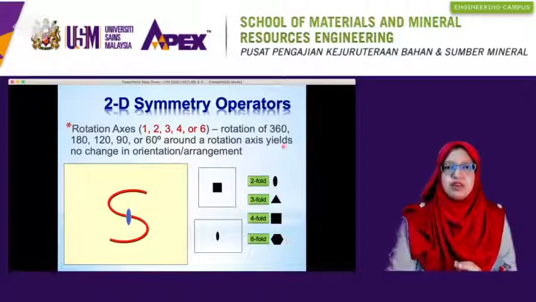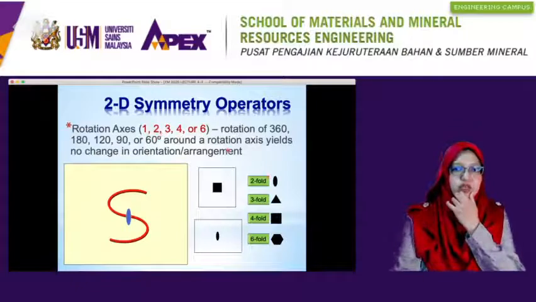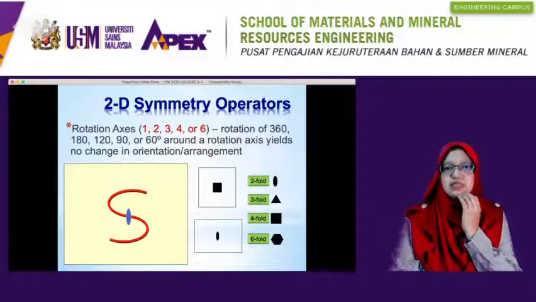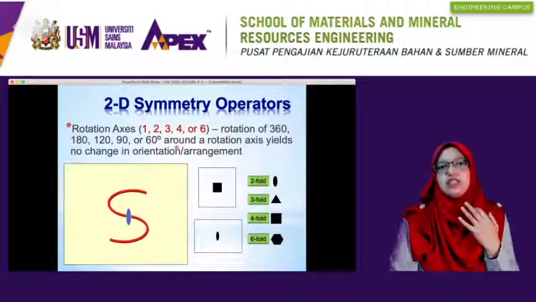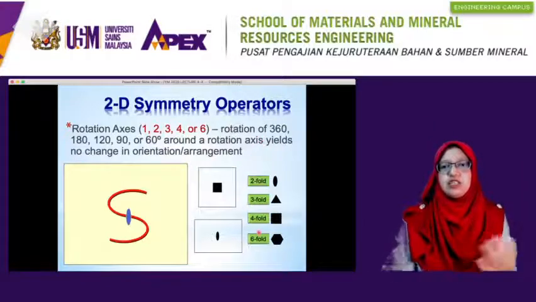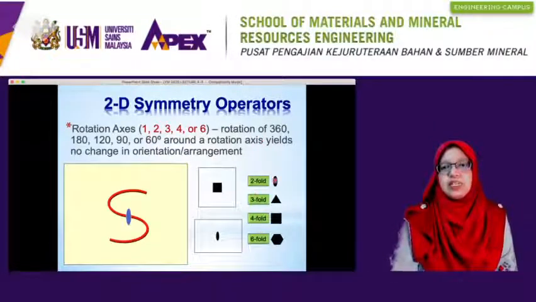As we said just now, if the rotation axis is 2, that means it is twofold. If 3, threefold; 4, fourfold; and 6, sixfold. If the rotation axis is 1 or 360 degrees, we don't have any fold here, we just call it 360 rotation, and there's no symbol.